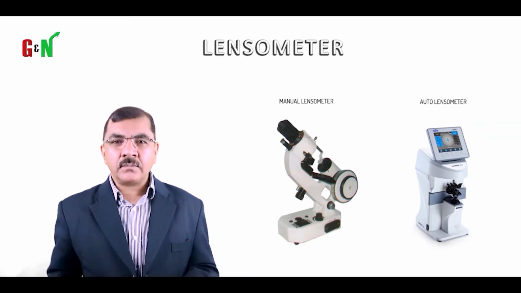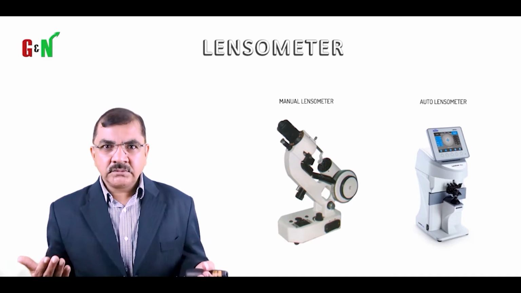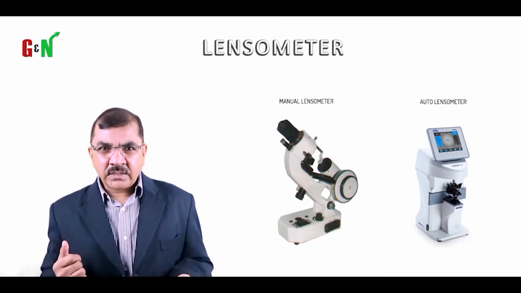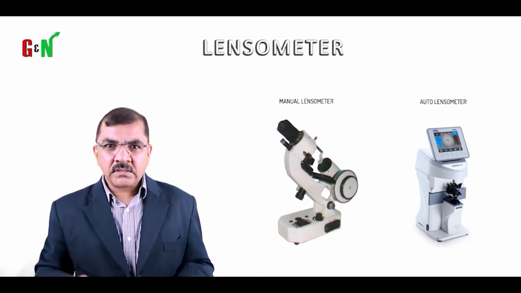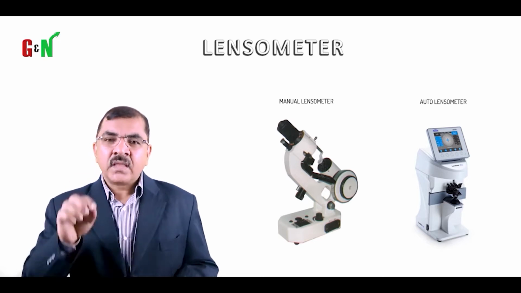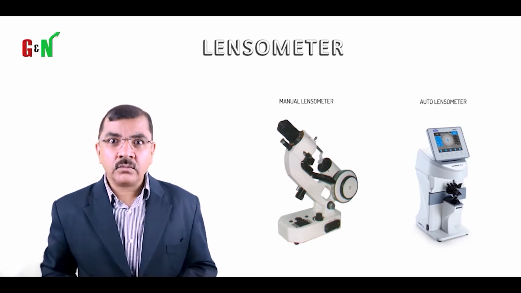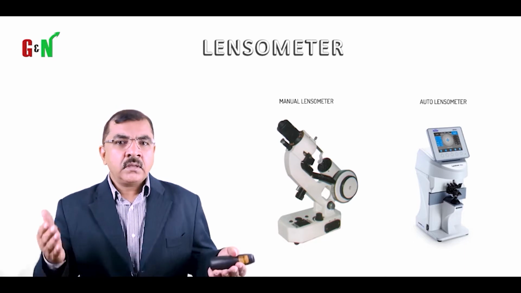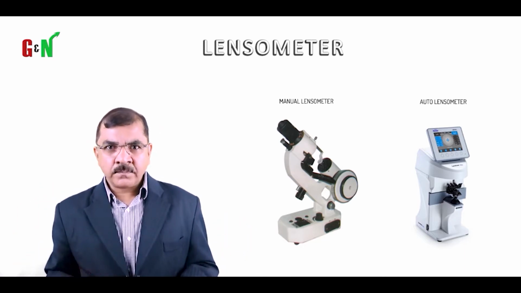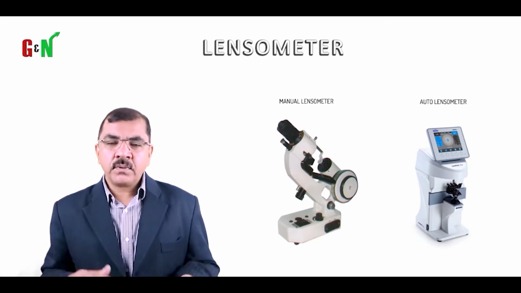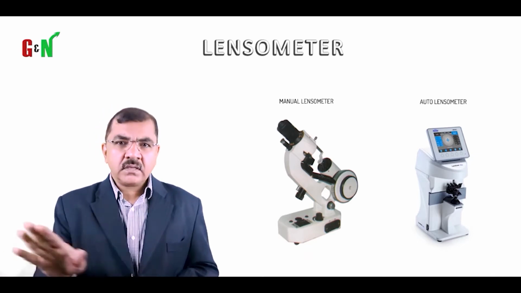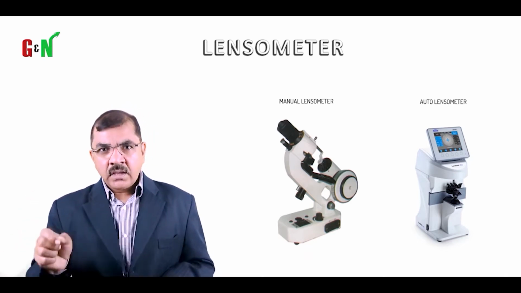If somebody comes to you and tells you, I'm not able to see properly through these spectacles, you just pick up those spectacles, put them behind the lens meter, check the power, and note down the power. The lens meter is used in the clinic as well as in the workshop to check the power. If it's myopia, hyperopia, astigmatism, presbyopia, or progressive lenses, everything can be immediately checked through the lensometer, and you note down the power.